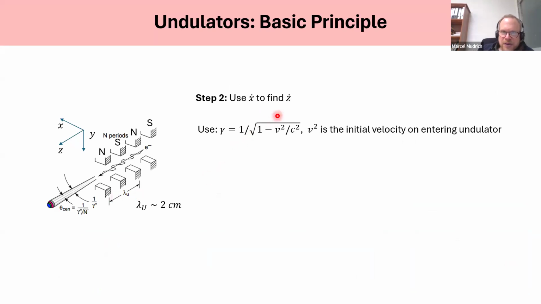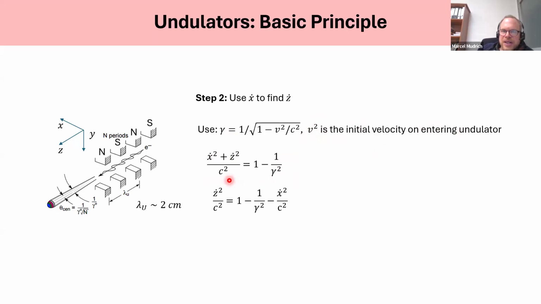Now let's look at the derivative along the z direction, so along the propagation. There, we use the relativistic parameter, which we can rewrite where v is the initial velocity of the electrons entering the undulator.